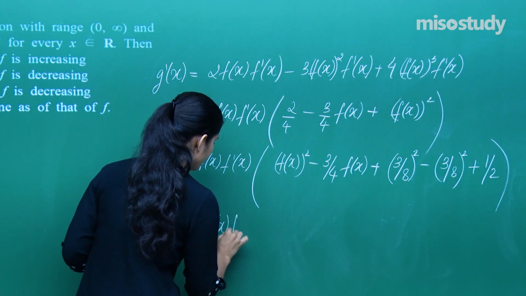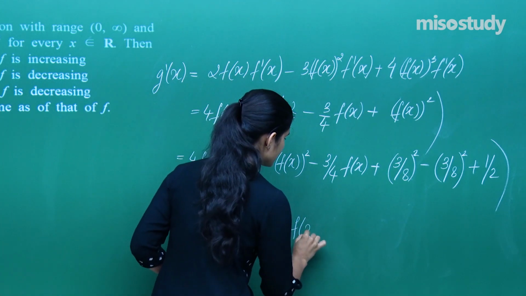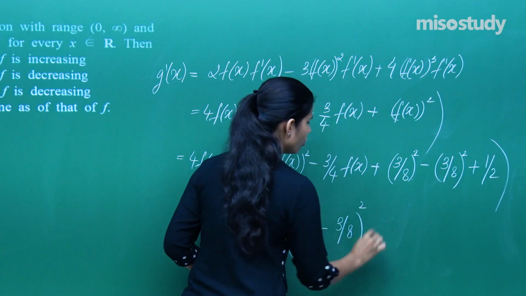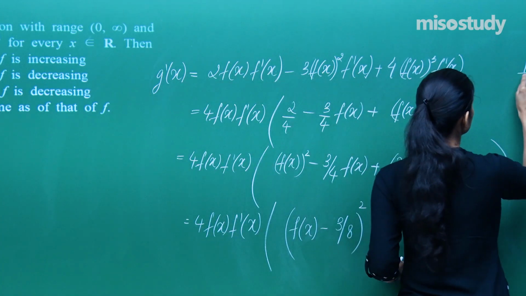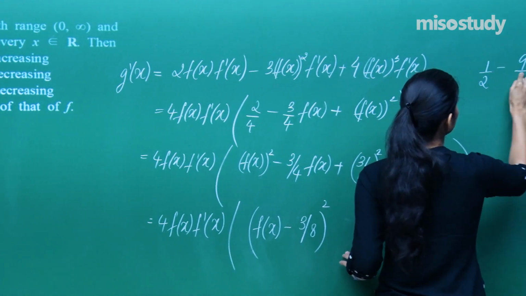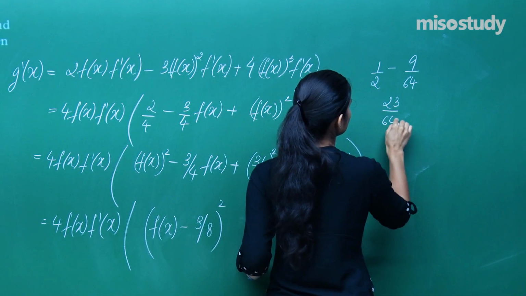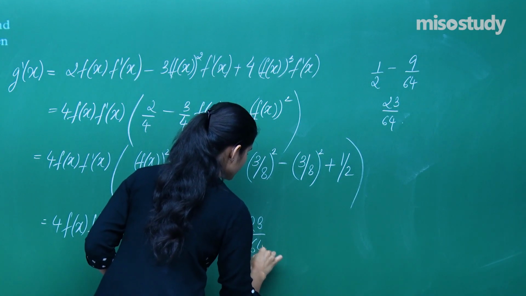This gives you 4f(x)f'(x), and this is (f(x) minus 3/8) whole square, then 1/2 minus 9/64, which is 23/64. So you get plus 23/64.